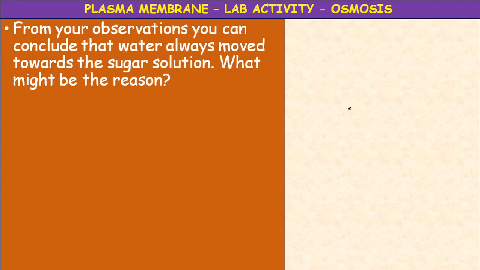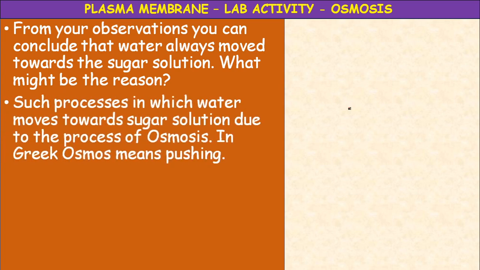So from your observations, you can conclude that water always moves towards the sugar solution, but not the sugar solution towards the water. What might be the reason? The reason is the difference in the concentration of the solutions. Such a process in which water molecules move towards the sugar solution is osmosis.